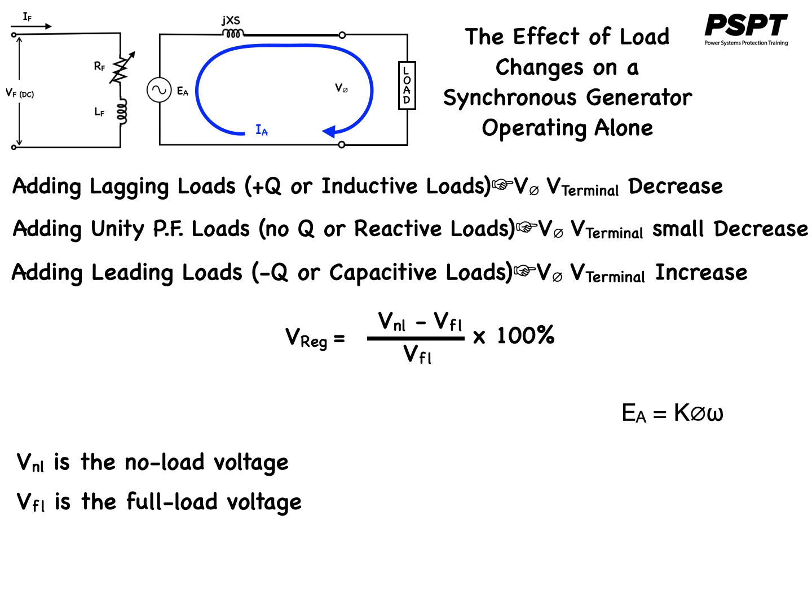Recall again that EA is equal to some constant that varies with the flux phi and with omega, which is the speed of the rotor. Since the frequency should not be changed in a normal system, EA must be controlled by varying the flux of the machine.